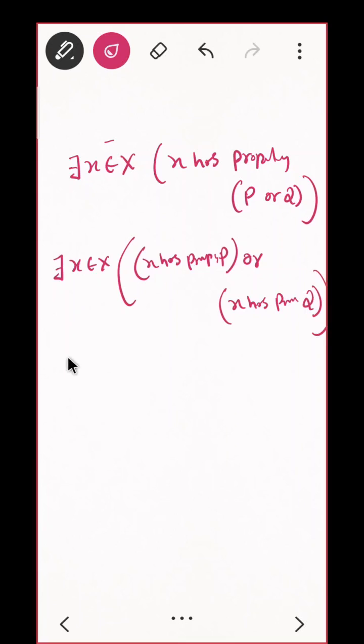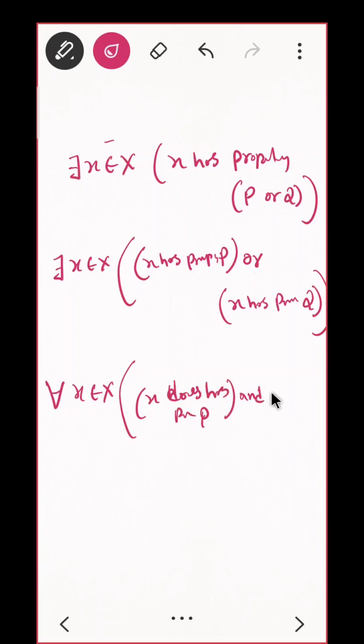What will the negation be? This will be for all x in X. What will be the negation of that statement? x does not have property P, and in between, the negation of or becomes and, and what will be this? x does not have Q. Is that clear everyone?